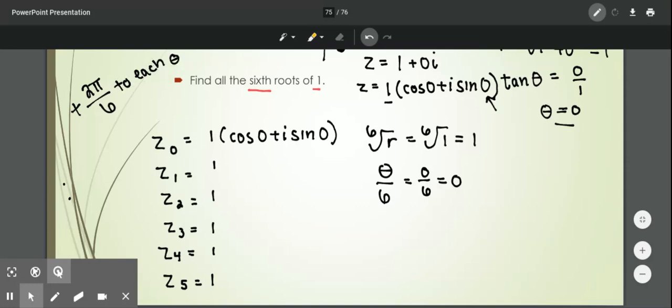And 2 pi divided by 6 we'll say is pi over 3. So if we add pi over 3, then our next root is the cosine of pi over 3 plus i sine pi over 3.